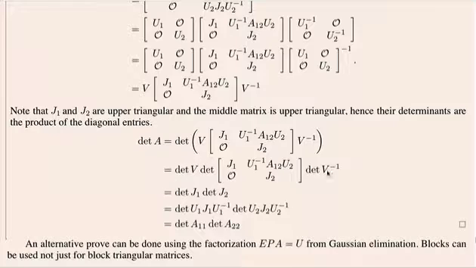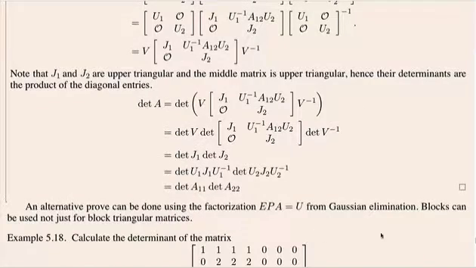So these cancel out, and similarly the U1 inverse determinants cancel out. Same thing for the J2 matrix. We can replace it with the determinant of U2 J2 U2 inverse. The reason we want to do this is because these are the A11 and A22 matrices. So comparing the beginning with the end, we have what we wanted: the determinant of A is the determinant of the diagonal blocks multiplied together.